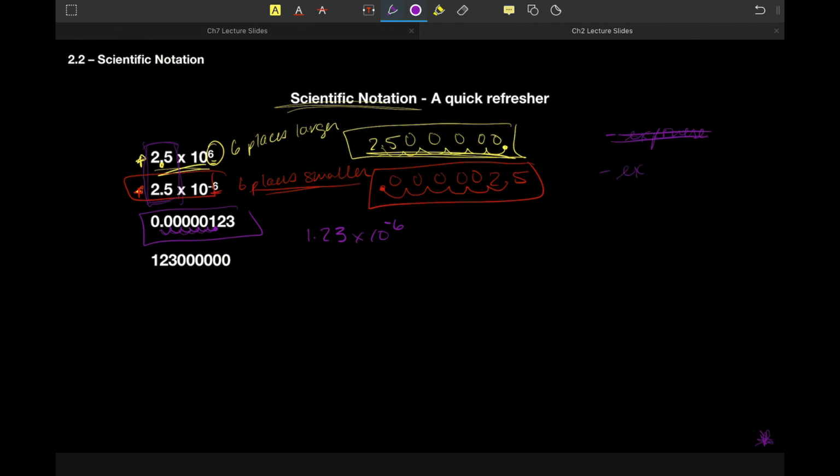Negative exponents represent numbers less than 1, or we could say negative exponents represent decimals. Yes, negative exponents represent numbers less than 1, or decimal values. This is a number less than 1, a decimal value, which means that this should be a negative exponent.